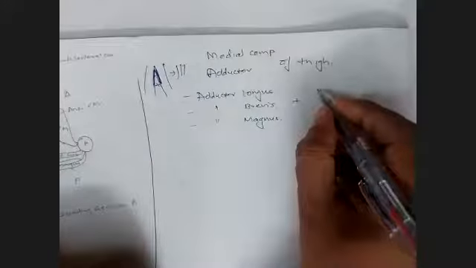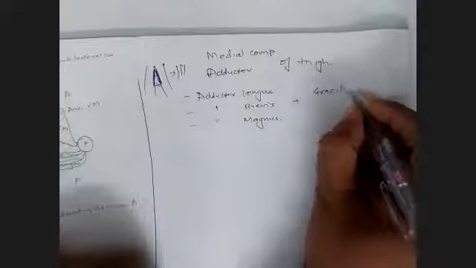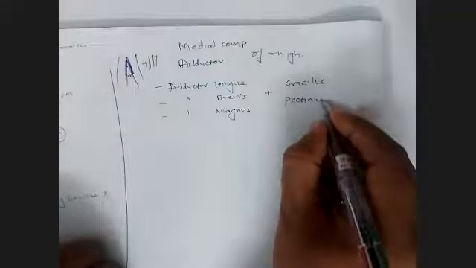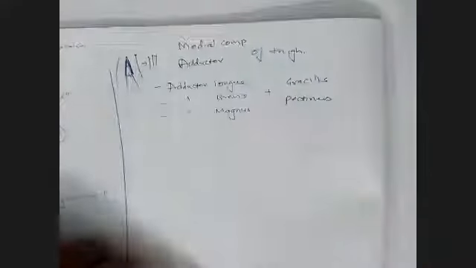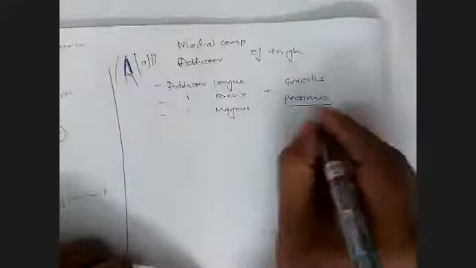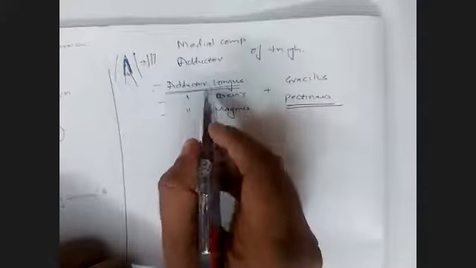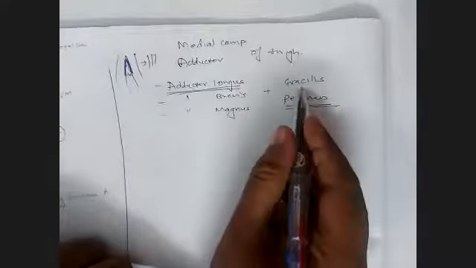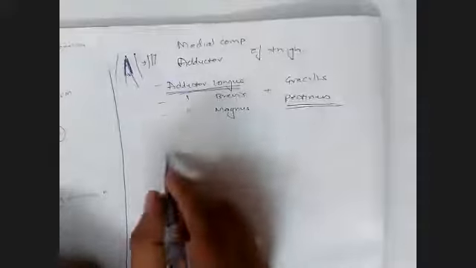Apart from these muscles, there are two other muscles, gracilis and pectineus. Pectineus and adductor longus are there in the anterior compartment as well as the medial compartment. Gracilis is the medial most of all of this.